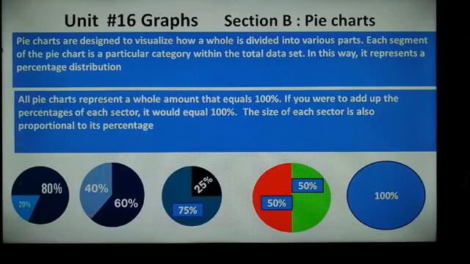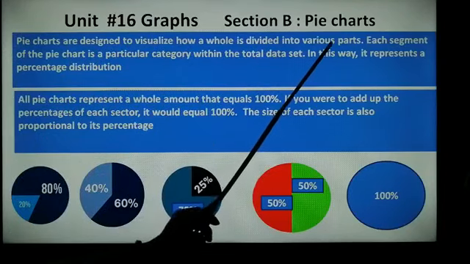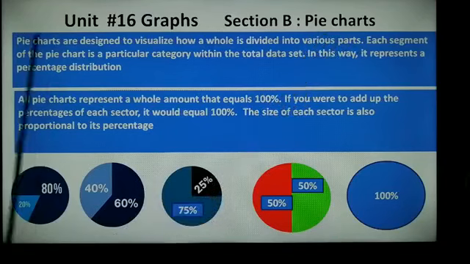So what's it saying here? Pie charts are designed to visualize how a whole is divided into various parts. And each segment or each slice of the pie chart is a particular category within the total data set. So here just check the examples of pie charts.